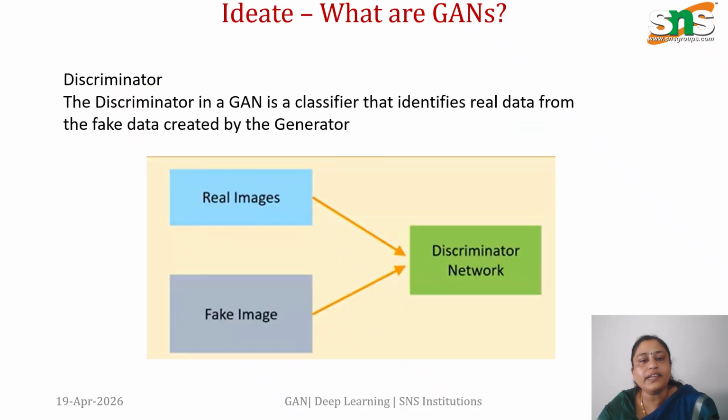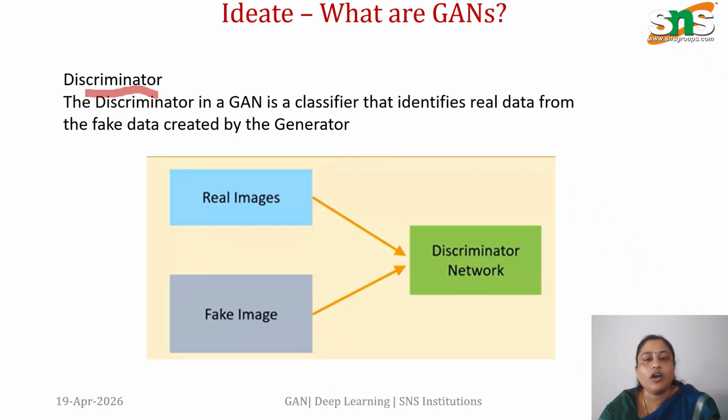The next component in the GAN is the discriminator. The discriminator in a GAN is a classifier, or an evaluator. It identifies real data from the fake data generated by the generator. The discriminator's work is to evaluate the generator's work, whether it is real or fake.